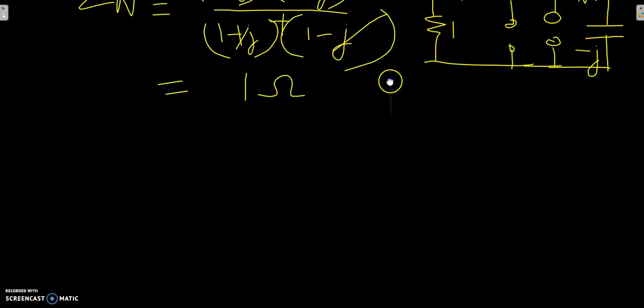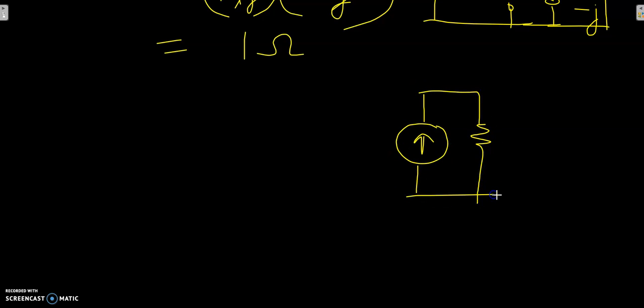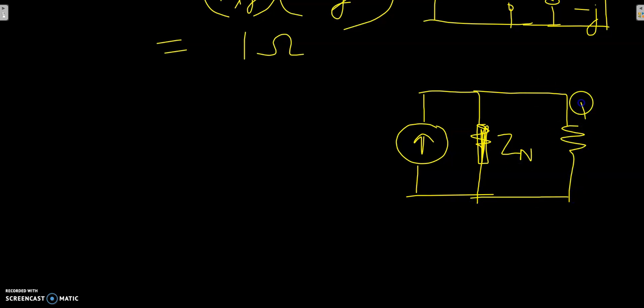So the equivalent Norton circuit would be given by this current source, and we have got this impedance. This is Zn, and our resistance through which we are interested in finding out the current.